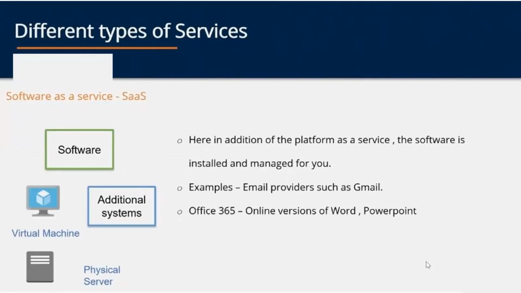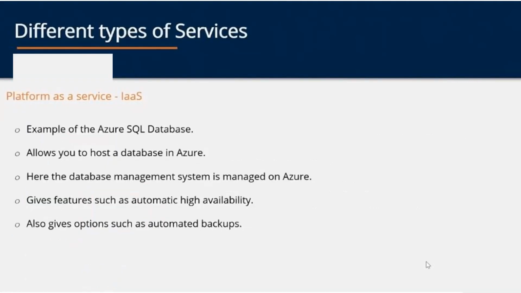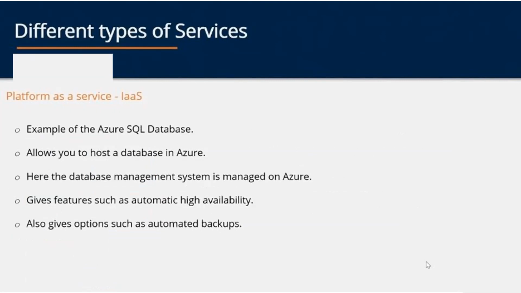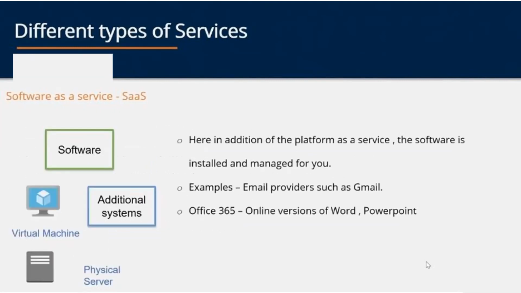Back to software as a service. Here, in addition to the platform as a service, the software is installed and managed for you. Coming back to platform as a service, some systems, for example a database manager like SQL, is also software, but more for a power user. Whereas here, Office 365 and Gmail are examples of software as a service, but we are not really the power users. We don't really write code.